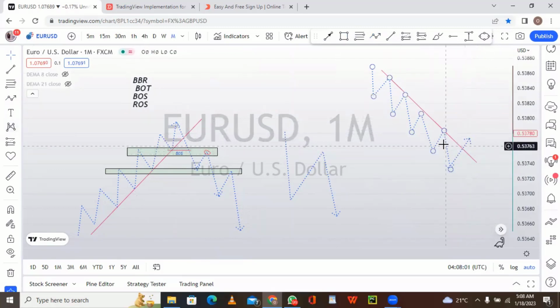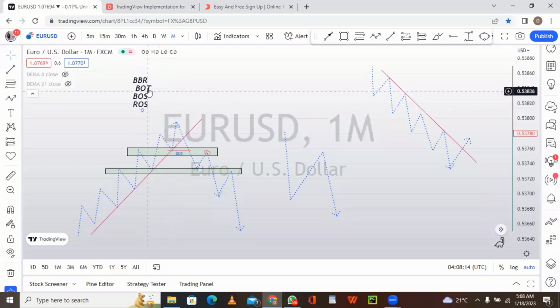This is a violation. And what I mean by break of trend line is just candles closing above the trend line that you have drawn. Okay, but having this is not enough reason why you can say BBR has played out. Like I said, it contains three parameters: the break of trend line, the break of structure, and the retest to the broken structure. So the first one has occurred, which is a break of trend line.